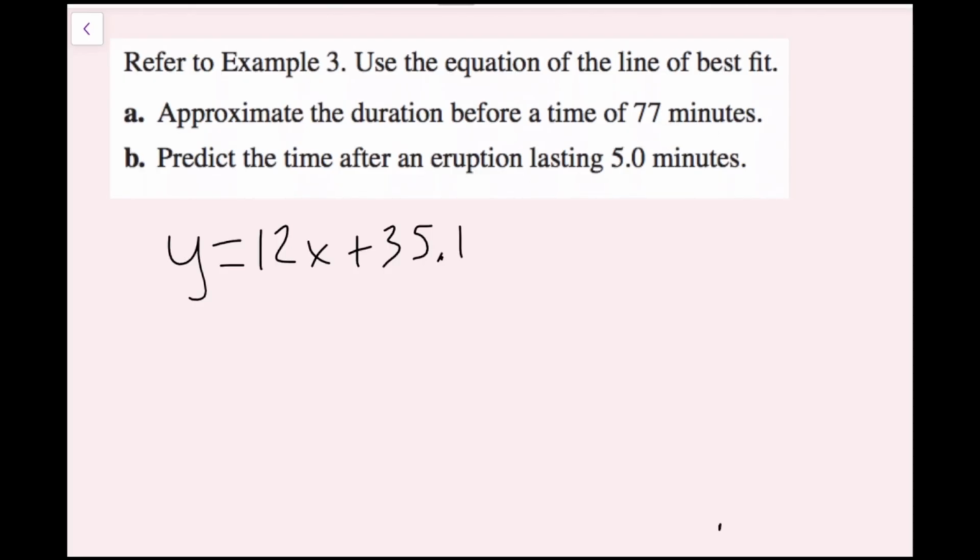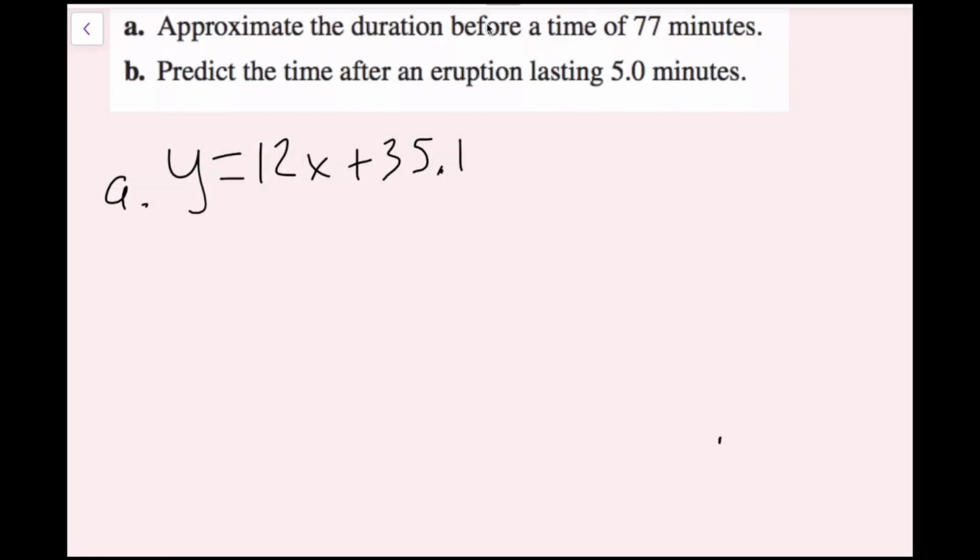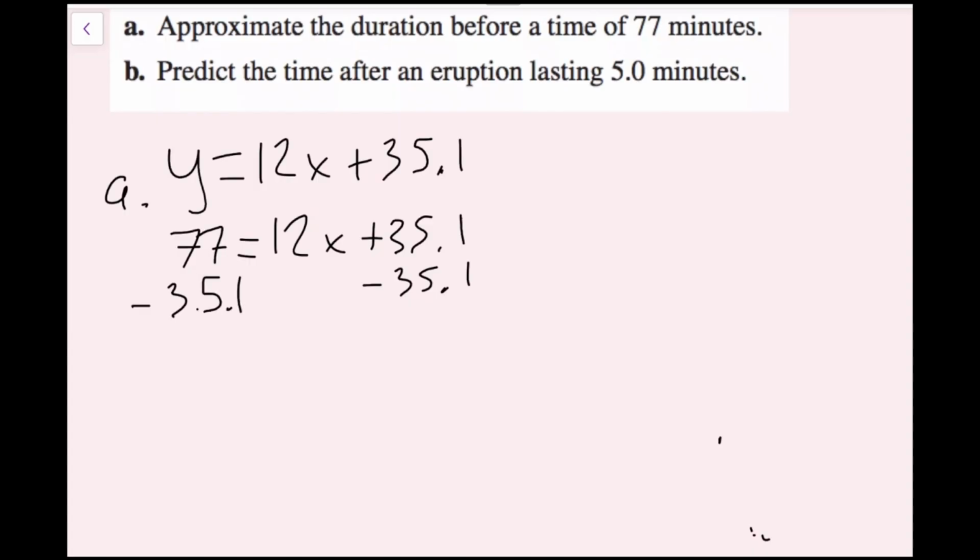Since the time before our next eruption is our y value, we'll plug 77 in for y and solve for x for part A. So 77 minutes is the time that we are waiting until the next eruption, that is our y value. I get 77 equals 12x plus 35.1. I'll subtract 35.1 on both sides. Using my calculator, I get that 77 minus 35.1, which is 41.9, is equal to 12x.